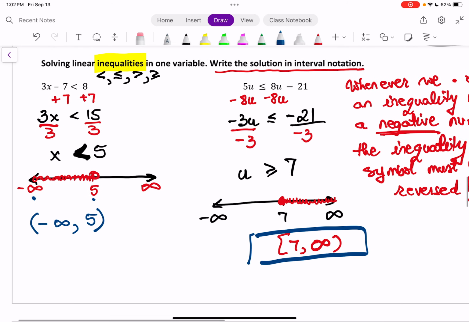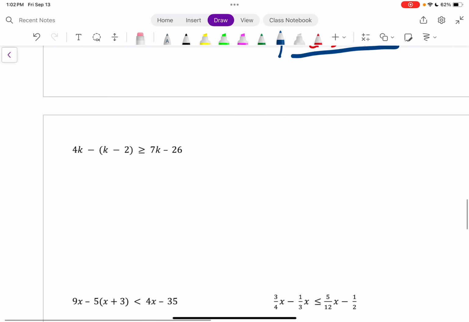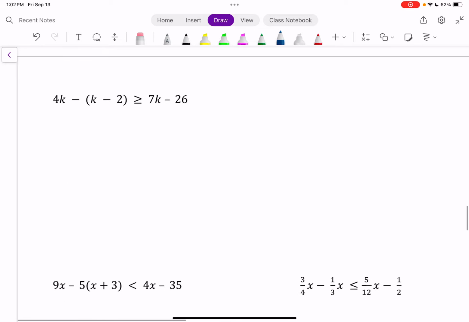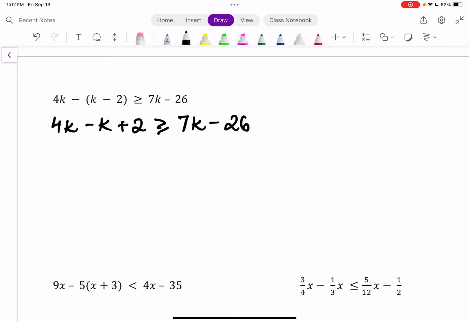Okay. So let's try a few more problems. Same thing. Be careful about the fact that you have to swap the inequality symbol in case you divide by a negative number. But the steps prior or any other steps are the same. So if you have parentheses, distribute the parentheses.